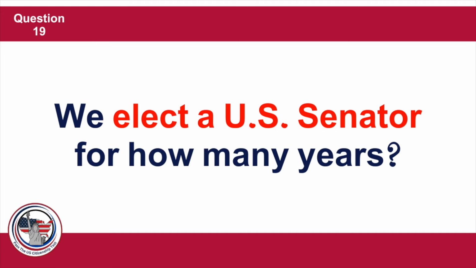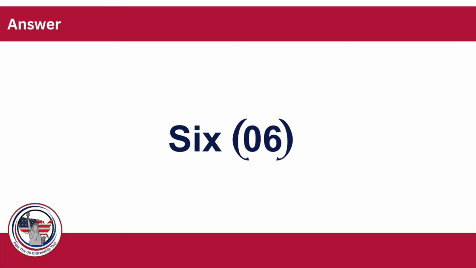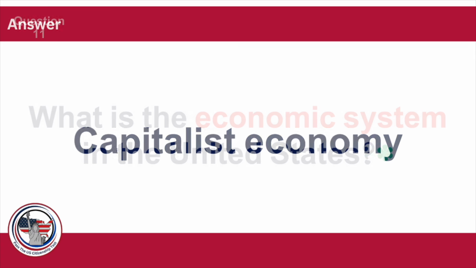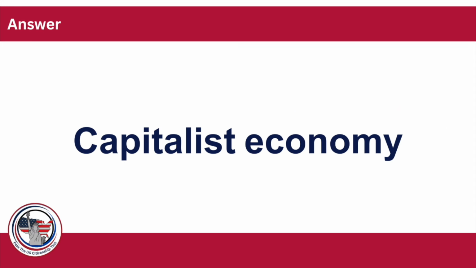We elect a U.S. Senator for how many years? Six. What is the economic system in the United States? Capitalist economy.